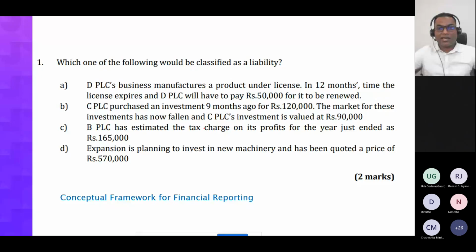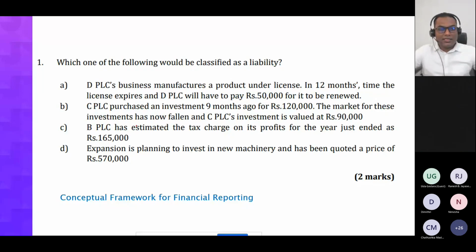The license would expire in 12 months' time and you need to pay 50,000 rupees at the time of renewal. At the moment, I don't have any obligation. What if I don't renew the license in the future? I can even say that I'm not going to renew. So there is no present obligation, and it is not a liability. So answer A is incorrect.